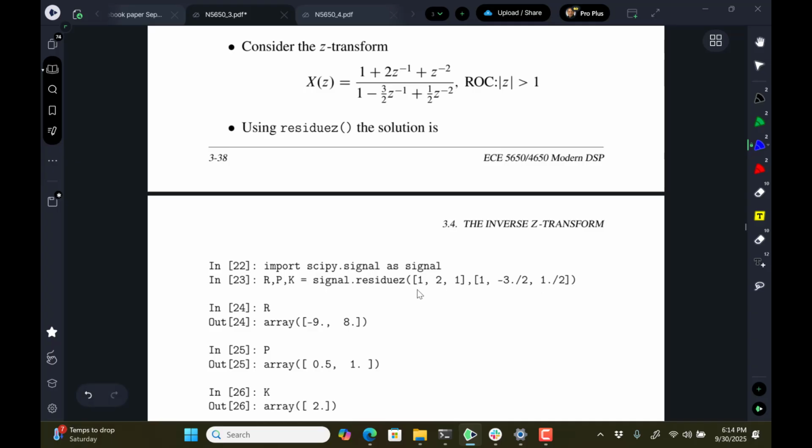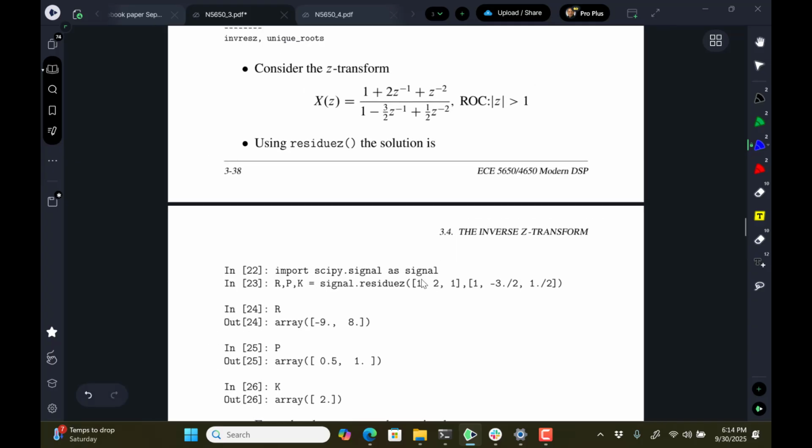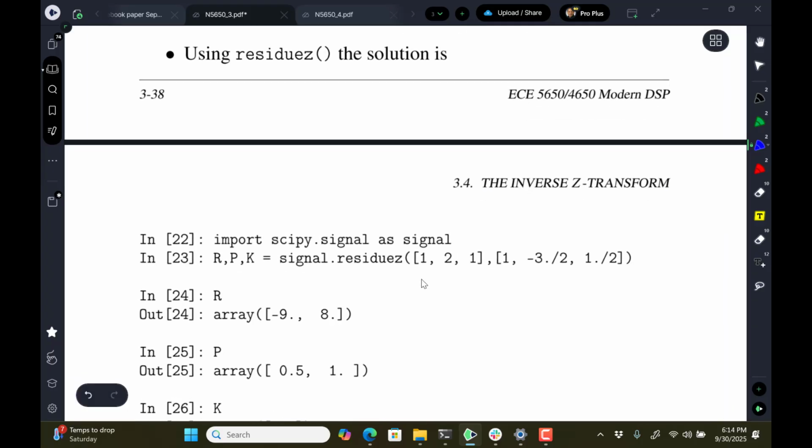If you don't take any of the options and just use the default, you're putting in these two coefficient arrays, B and A, and it's going to return 3 arrays. You have to remember to put in 3 distinct values, otherwise you have to try to disassemble it on your own.